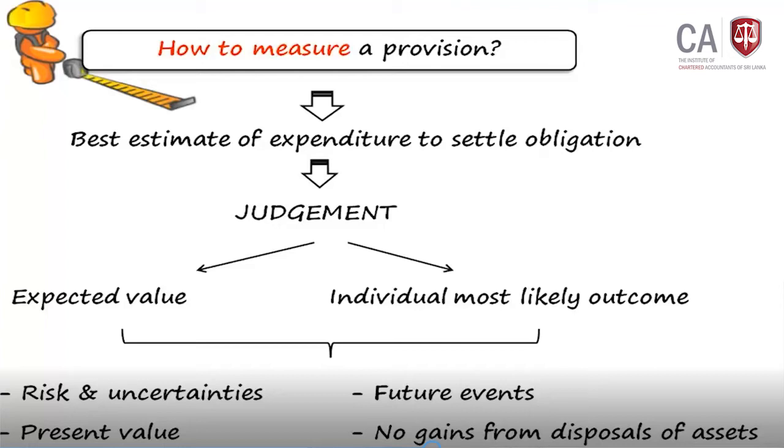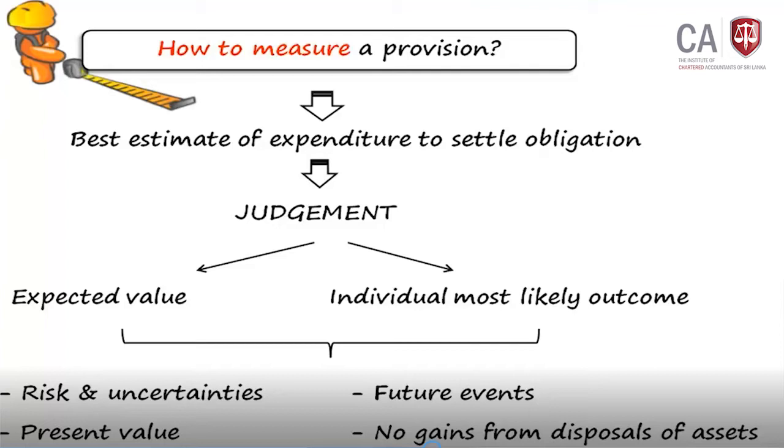Individual most likely outcome means what? In my example, a legal case against the company, right? There is no expected value, which means there are not many outcomes. Only one scenario. Lawyers will say this much you have to pay. That's also an estimate, but it doesn't involve many scenarios like warranty.